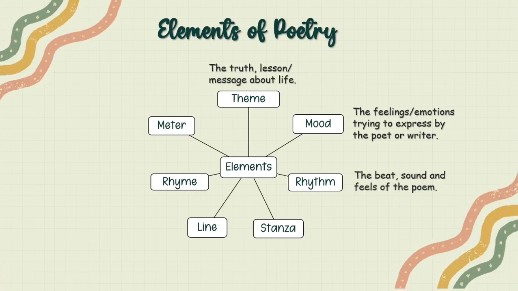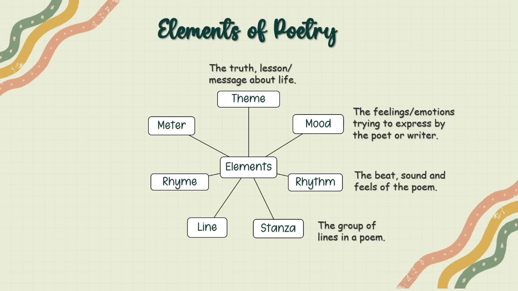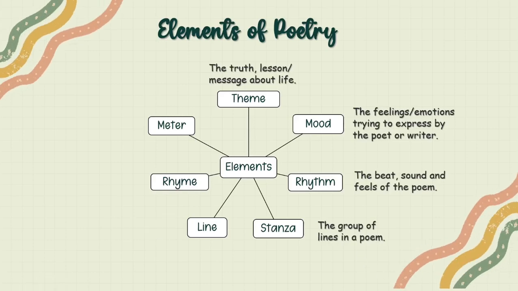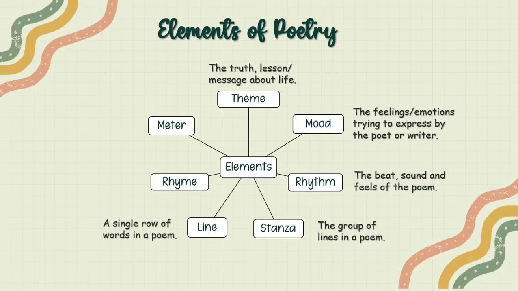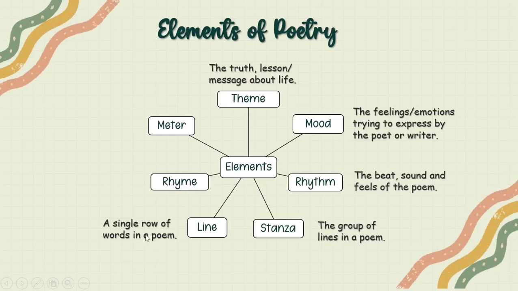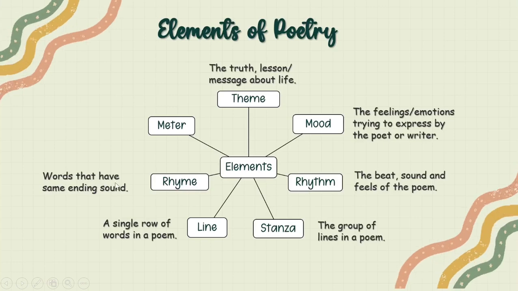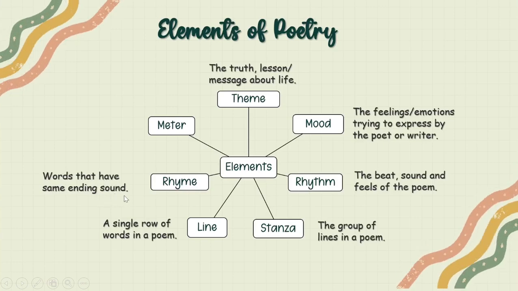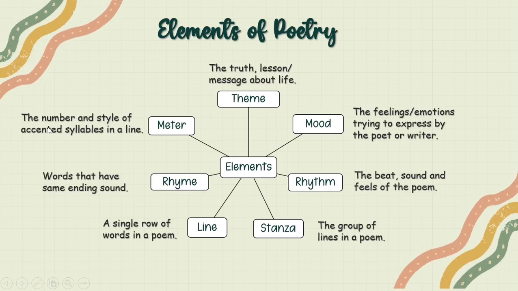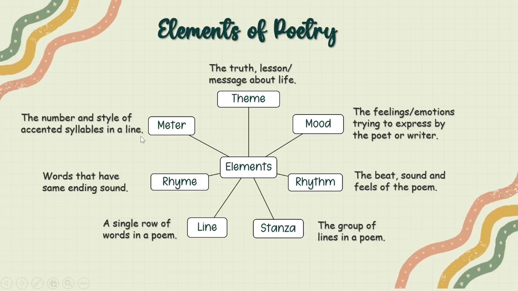Next, the stanza. It is the group of lines in the poem. Next is the line. It is a single row of words in a poem. Yung isang linya doon sa tula. The rhyme are the words that have same ending sounds. And then the last is meter. It is the number and style of accented syllables in a line.